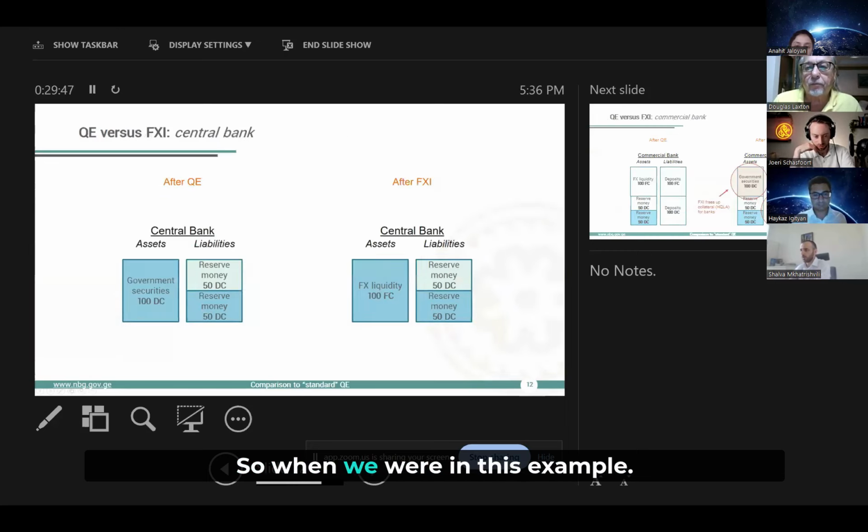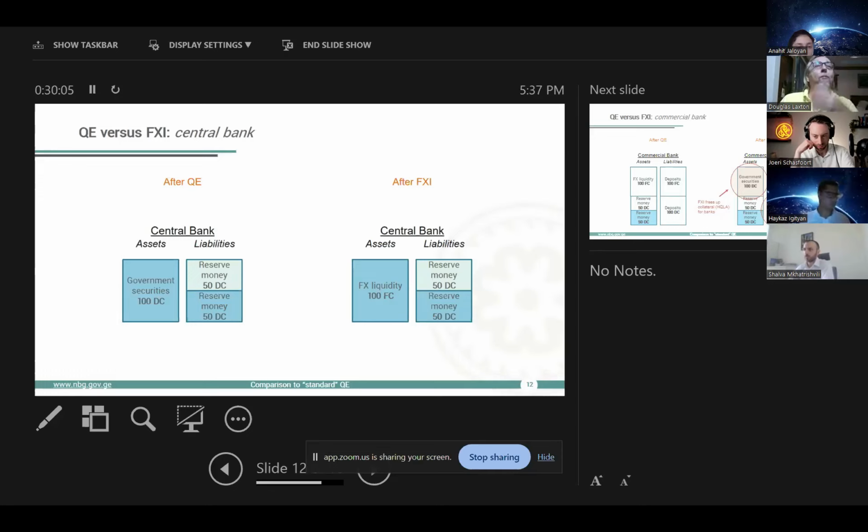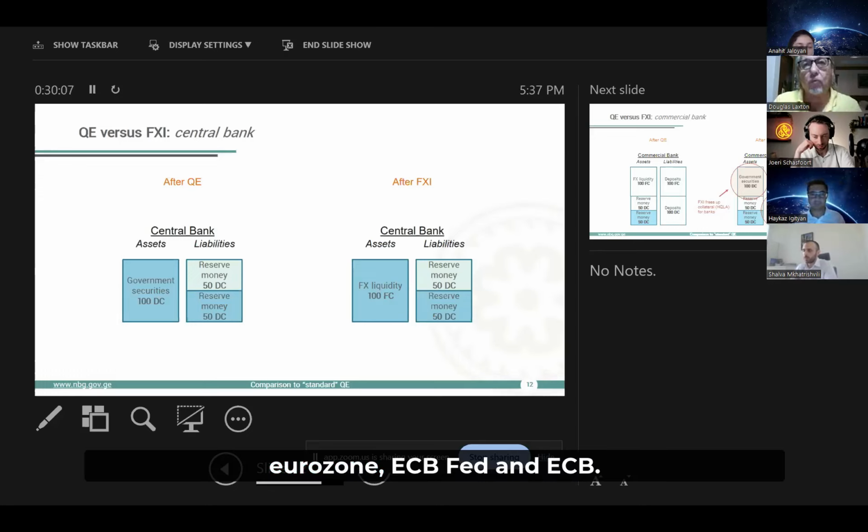So when we were comparing the central bank balance sheet after QE and after FXI, after QE, this is a very well studied example for advanced economies like the US, the Eurozone, the Fed and the ECB. They have been paying interest on excess reserves. So whatever reserves commercial banks hold, they are getting interest equal to the policy rate from the central bank.